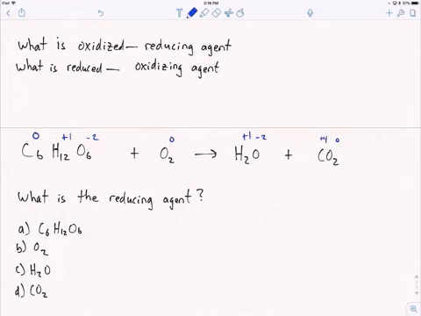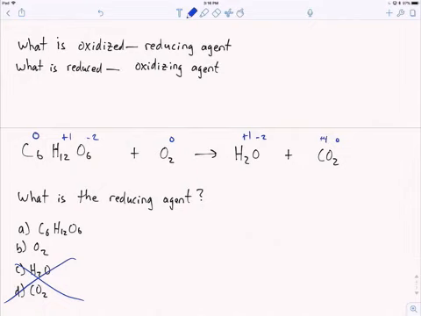These are products, and they're not, so people aren't getting it. It's not water or CO2. They're on the wrong side of the equation. Reducing agents and oxidizing agents are always on the left reactant side. So, which one of those is being oxidized?